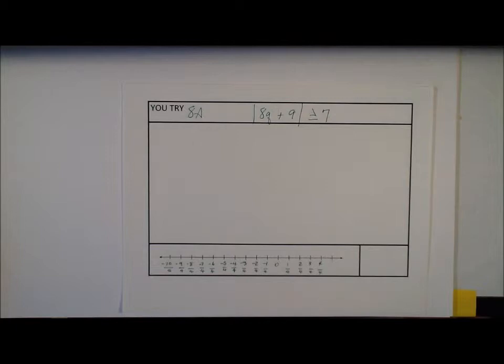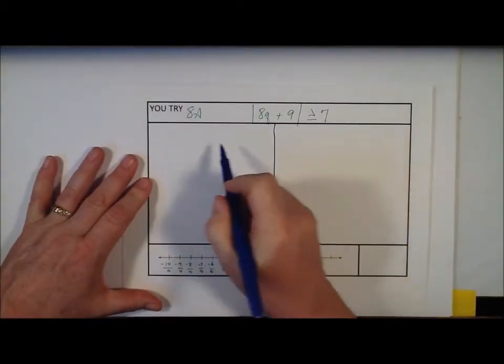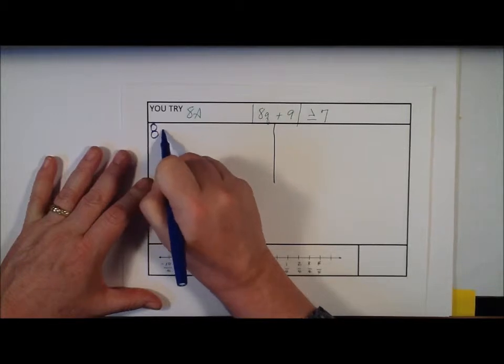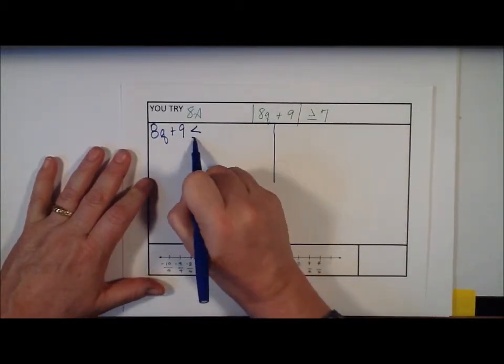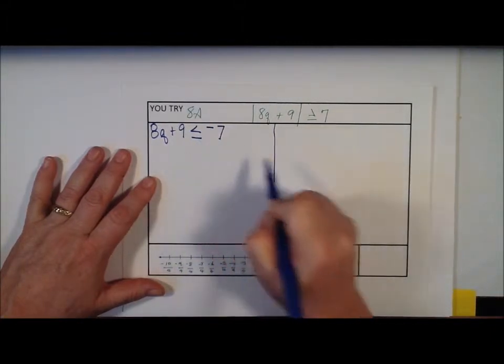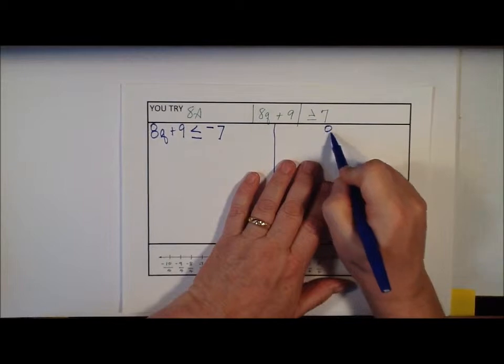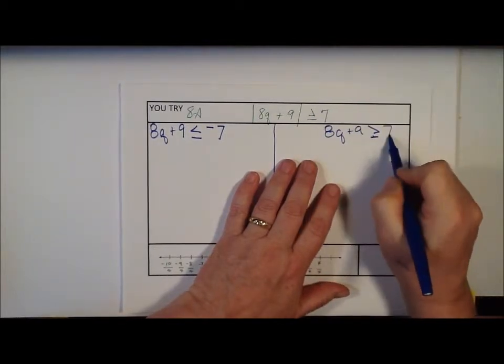Here's 8a, same idea. We're going to split this down the middle. So here I have 8q plus 9, flip flip, less than or equal to negative 7, sorry. And here, just copy it, 8q plus 9 is greater than or equal to 7.